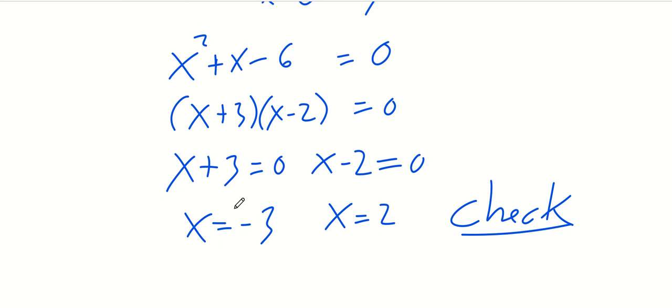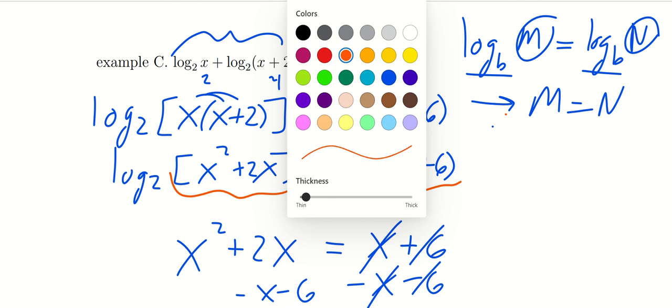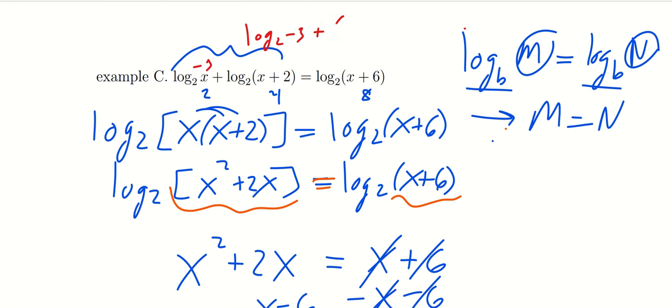However, notice what happens if we try to plug in negative 3. If I try to plug negative 3 into this, I get log base 2 of negative 3, plus log base 2 of negative 3 plus 2, which is negative 1. And on the right-hand side, this would be equal to log base 2 of negative 3 plus 6, which would be positive 3.